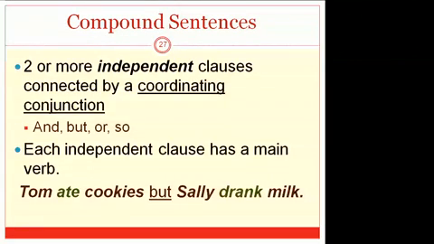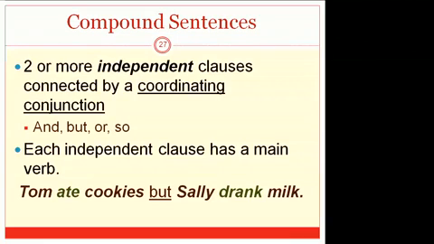And these independent clauses are joined together with a coordinating conjunction. The most common coordinating conjunctions are and, but, or, so. Each independent clause in the compound sentence has a main verb.